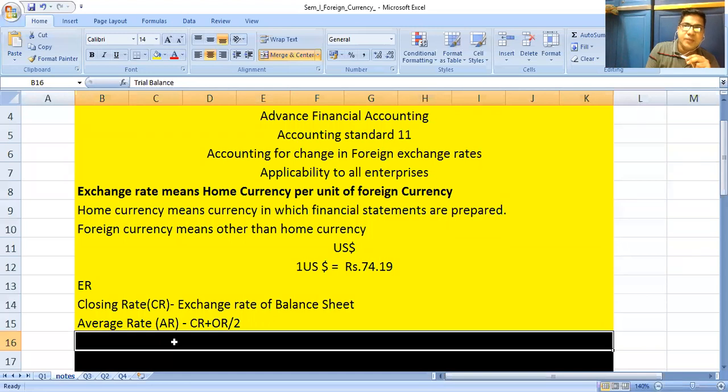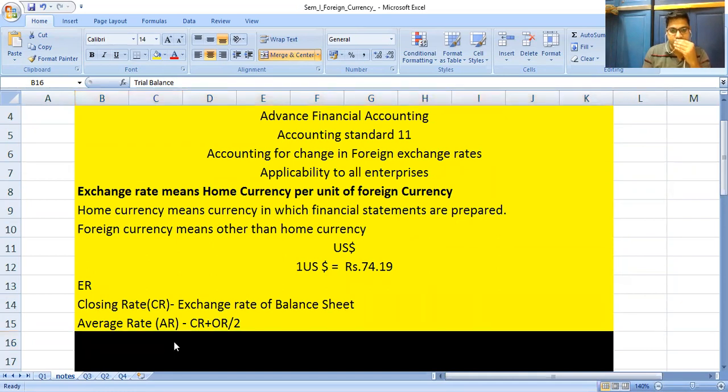If the average rate is directly provided, there is no problem. But if the average rate is not there, then we have to use this formula.